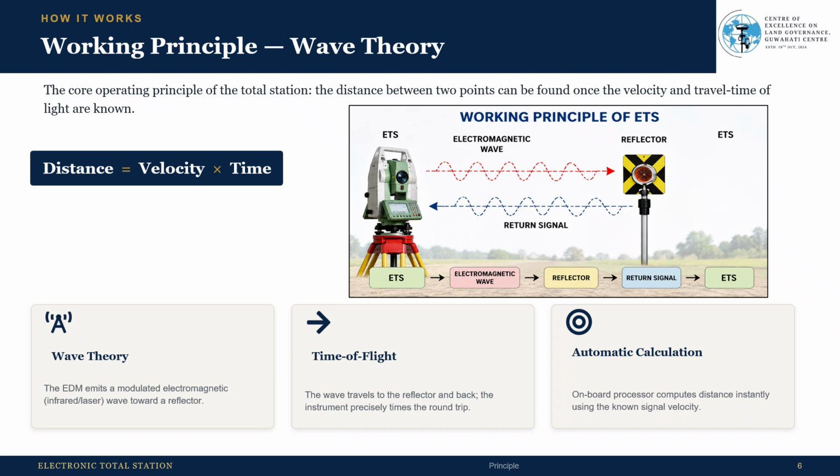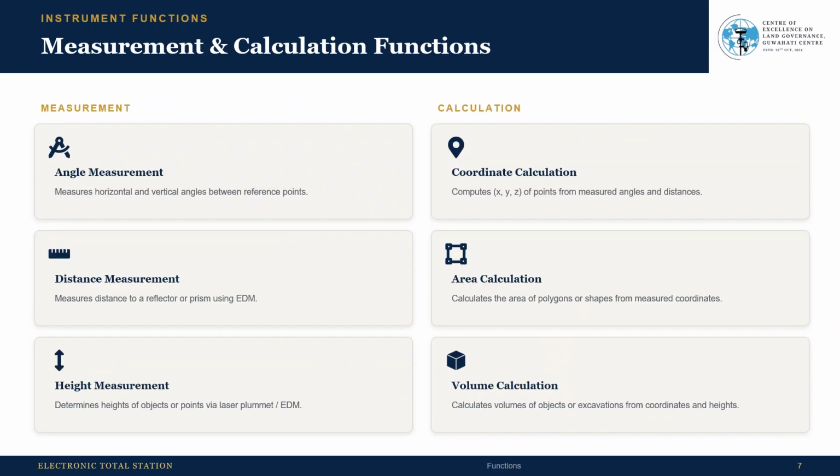The system determines the travel time of this signal. Using the known signal velocity and the measured travel time, the onboard processor calculates the distance. The important point to remember is that this entire process takes place electronically, and the result is made available to the surveyor almost instantly.